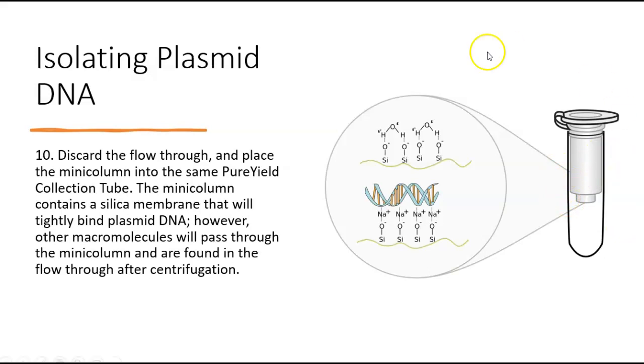It's going to remain in this mini column over here. But the other macromolecules that are remaining are going to be centrifuged through to the tube over here. So the plasmid DNA will stay here, and the other things that you don't need are going to be found down here in the tube after you centrifuge them.